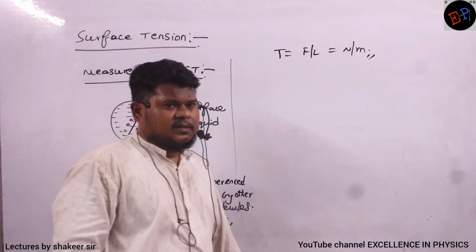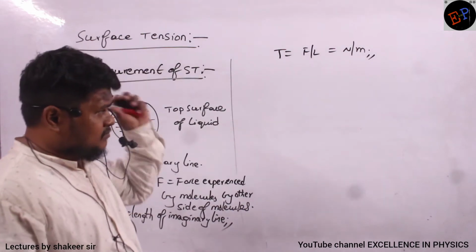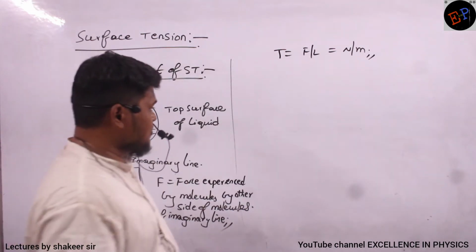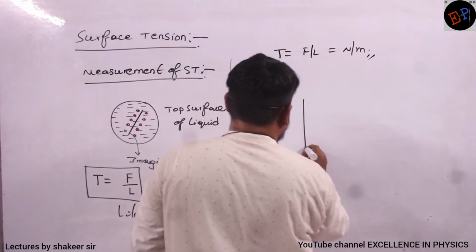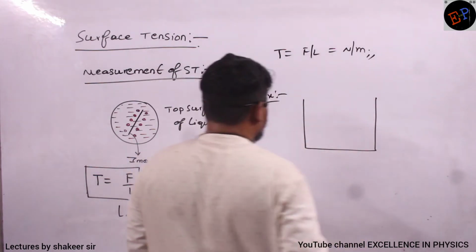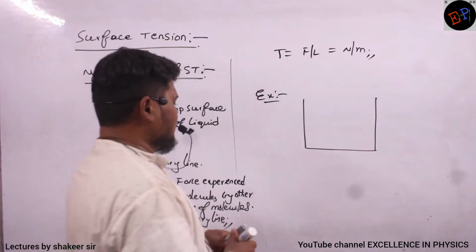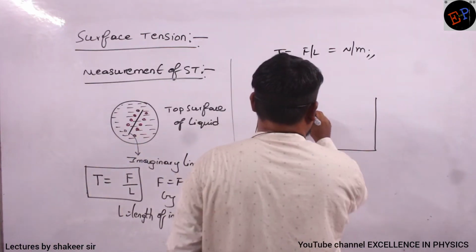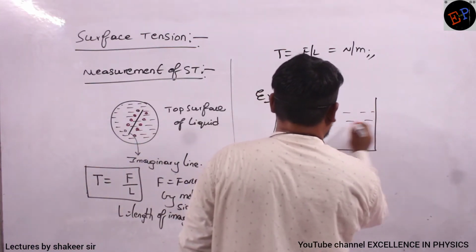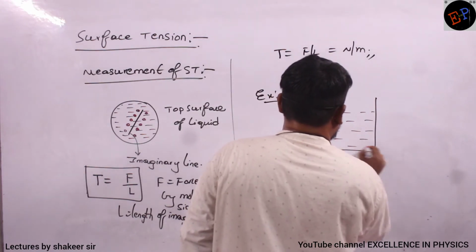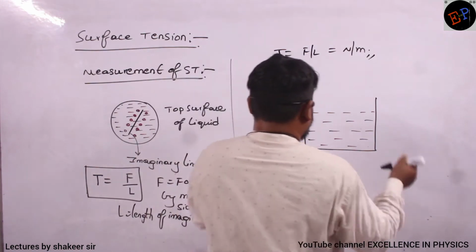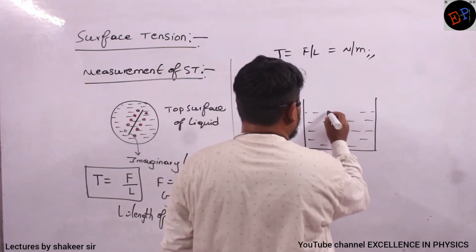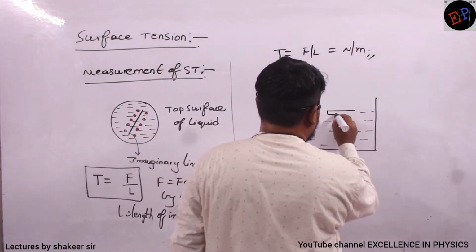Now let us do one more example. For example, if this is a water tank in which water is present, and let us consider this is water. On the top surface of water, consider a needle is floating, a small rod.